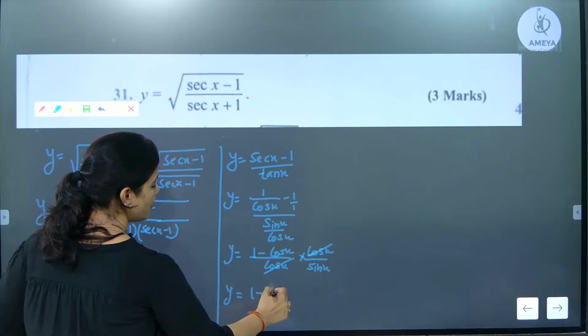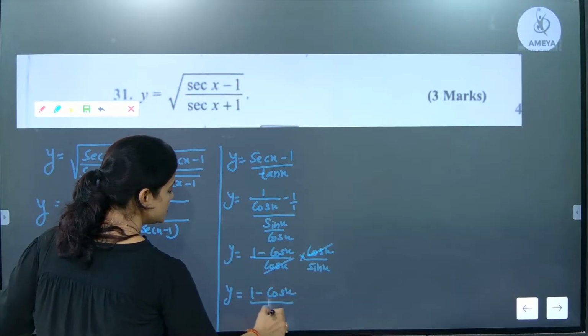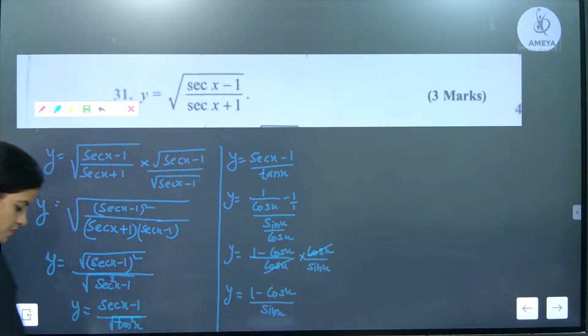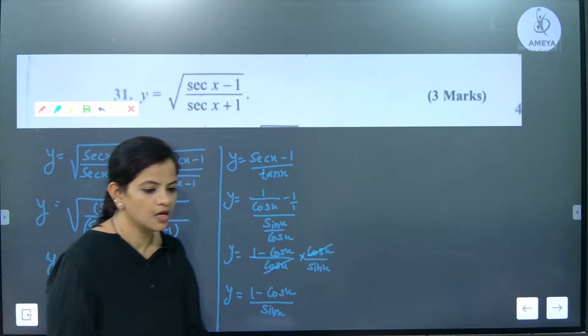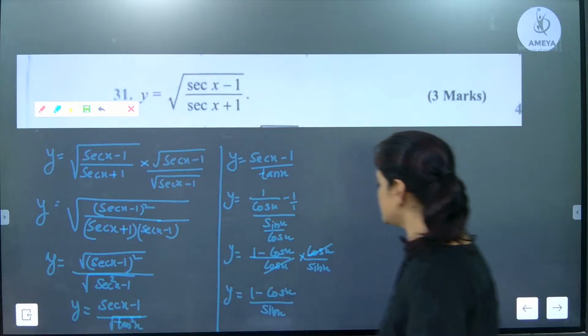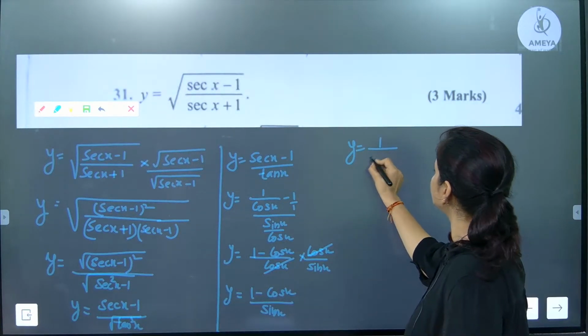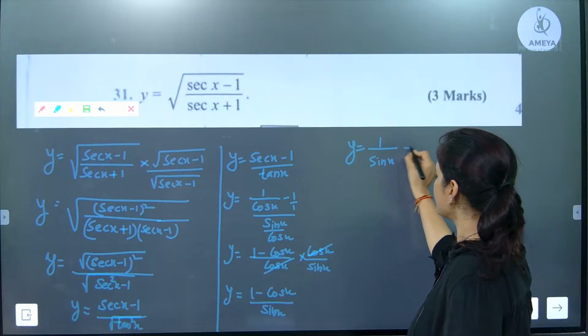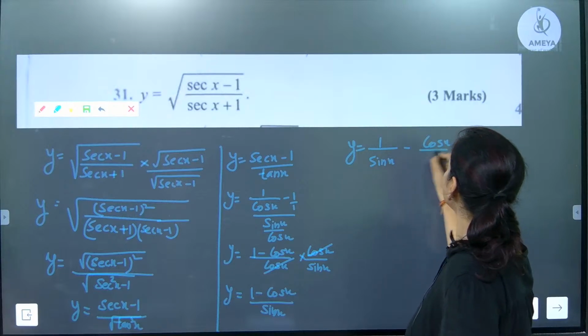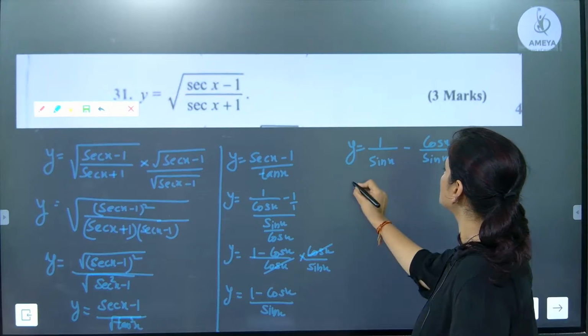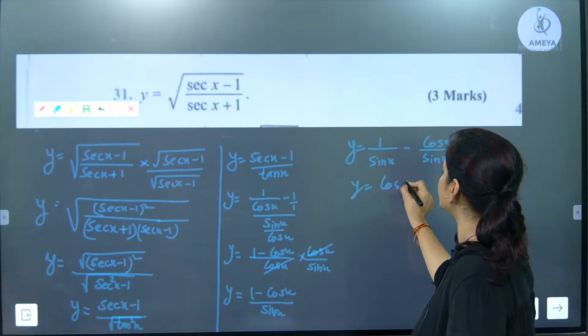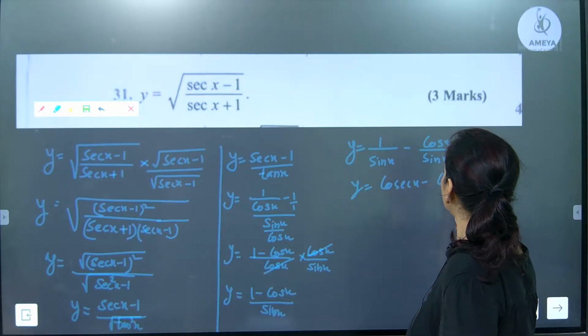Y is equal to 1 minus cos x by sin x. So we are going to separate this out, then we will get the answer. Here y is equal to 1 by sin x minus cos x by sin x. So y equal to cosecant x minus cot x.